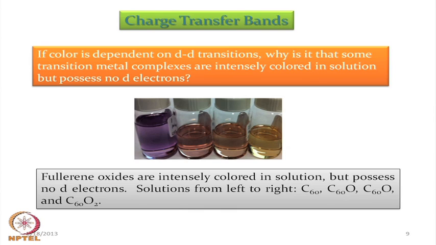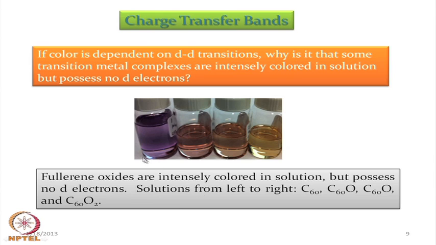Buckminsterfullerene, the C60 molecule we all know, is a carbon cage type compound, but when it is C60 oxide or another C60 oxide of a different type, a dioxide, we get colored species in solution, but they do not have any d electron.